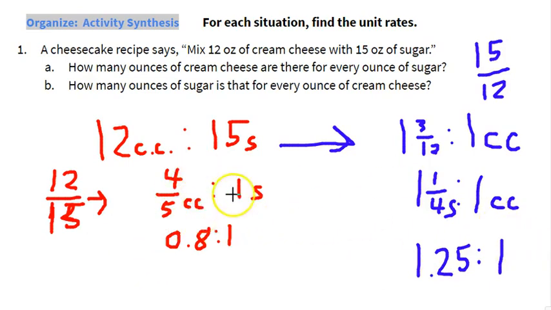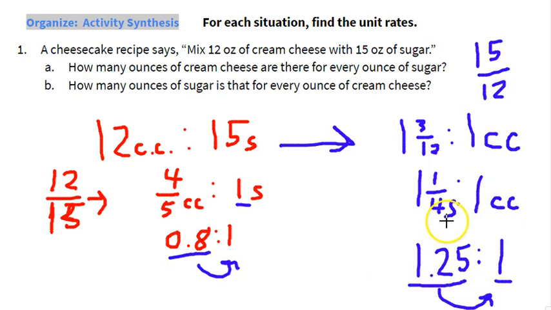Per is just finding a single one of one part of the ratio and then finding out how that other part of the ratio relates back to that one. Here in the blue, we were talking about ounces of sugar per ounce of cream cheese.